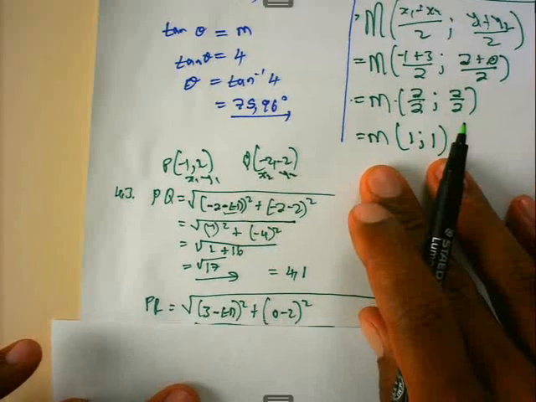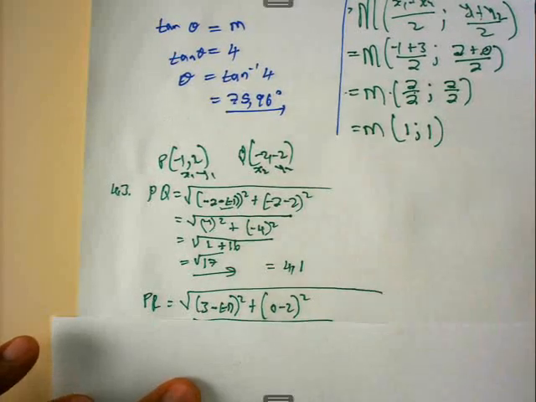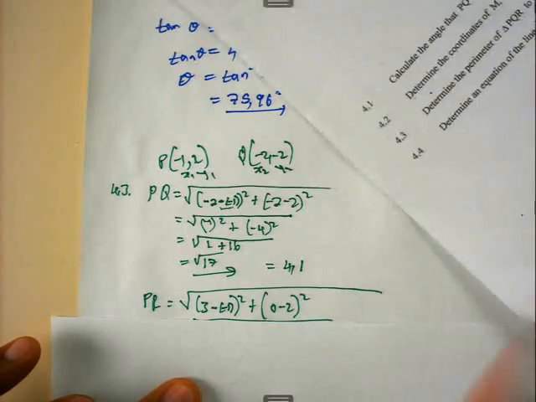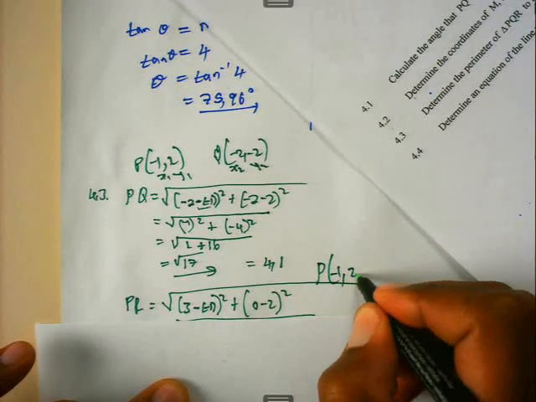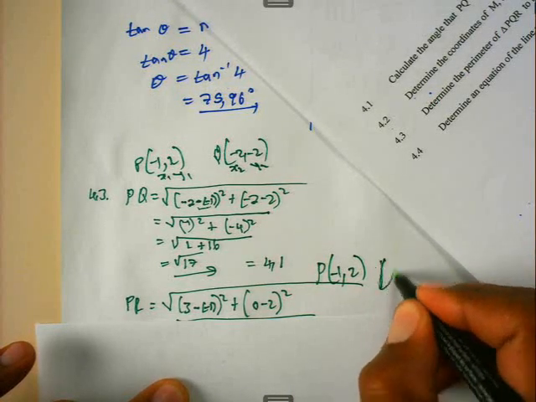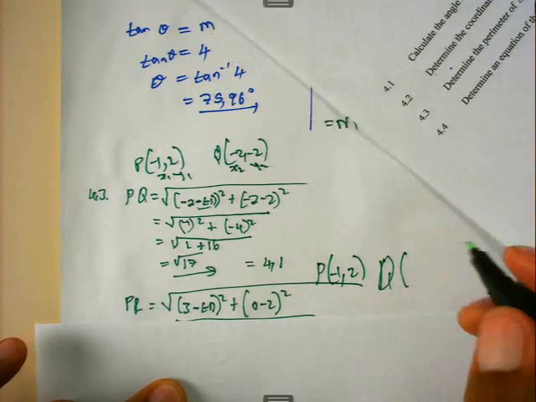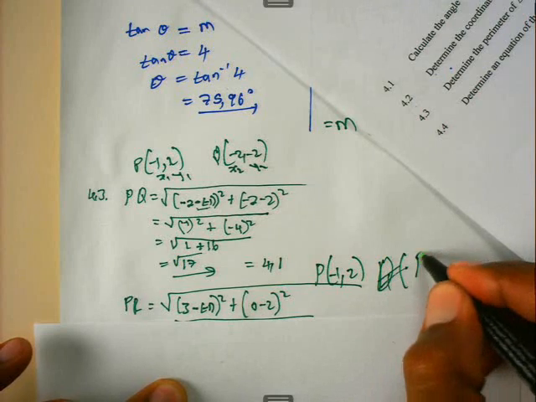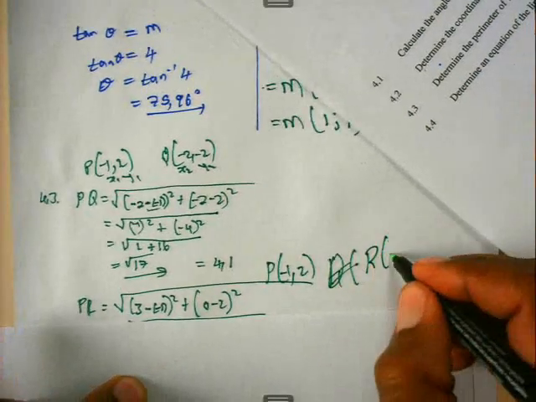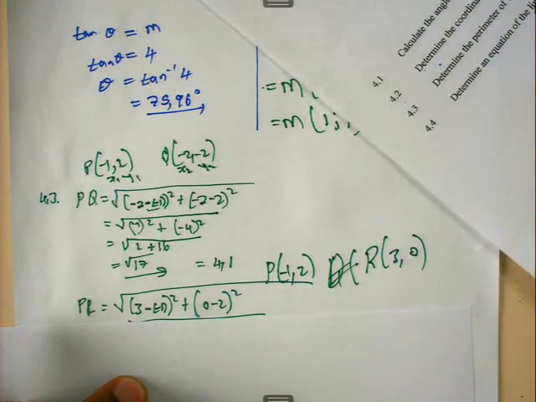Right, now, what about PR? PR as well. The coordinates of PR there, remember P is minus 1 and 2, and then the coordinates of R will be 3 as well as 0.